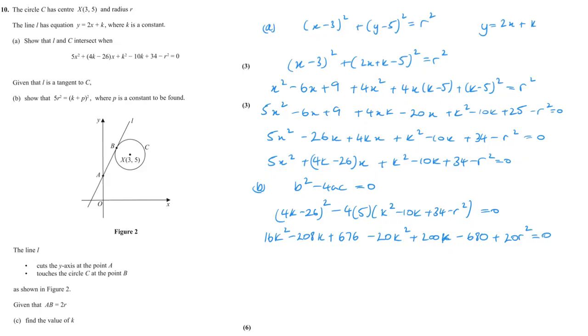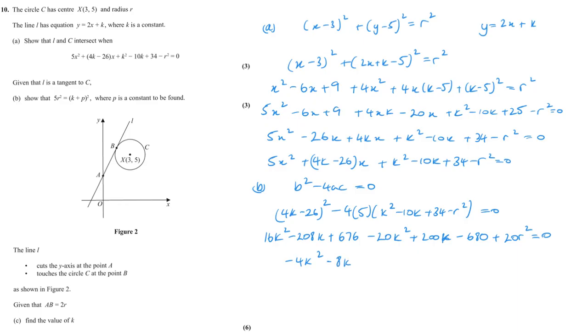So let's deal with sorting these out. So 16k squared minus 20k squared is minus 4k squared. Minus 208k and plus 200k is minus 8k.